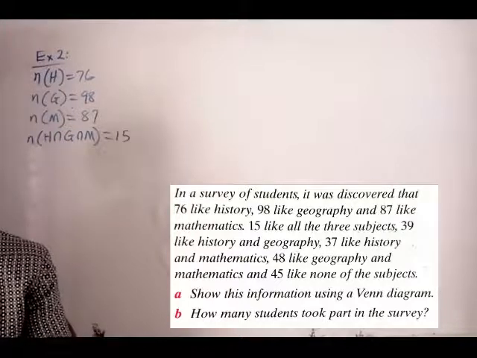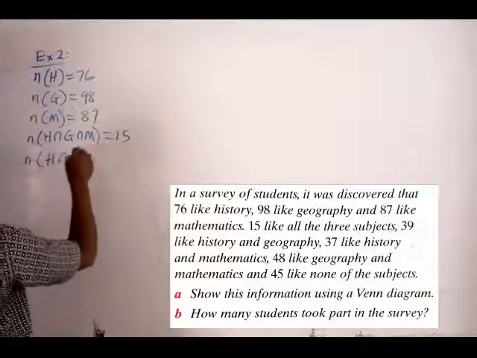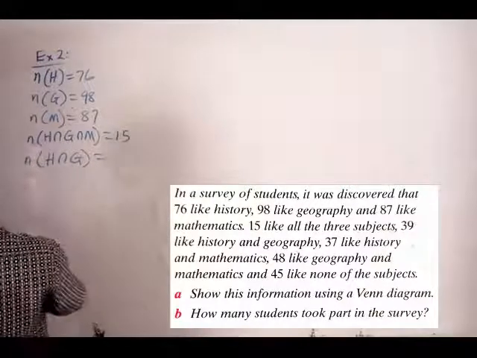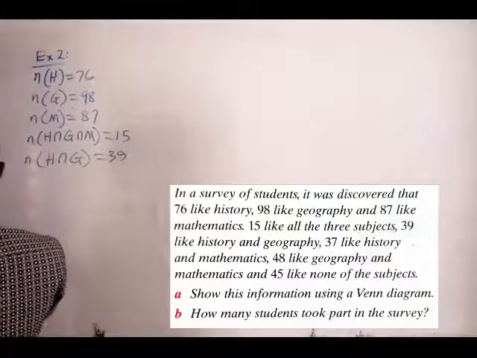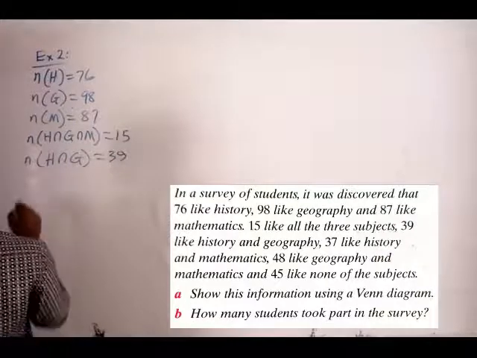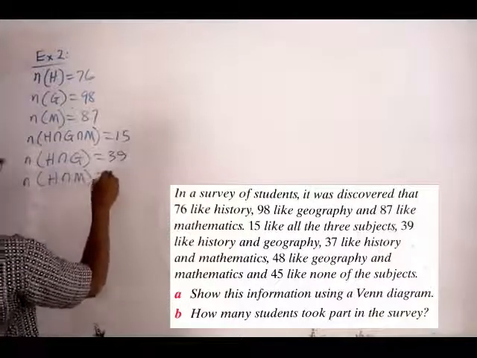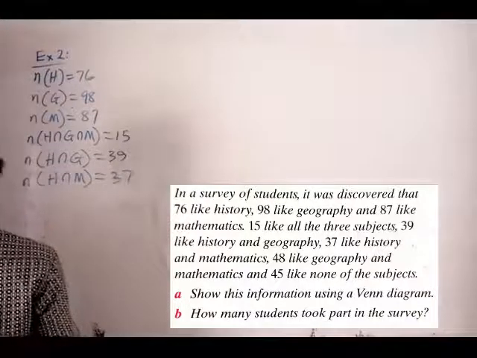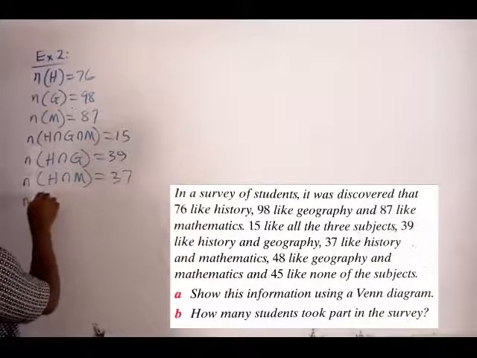39 like history and geography. It's just 39. Then I have 37 like history and mathematics. History and mathematics, that is 37. 48 like geography and mathematics.